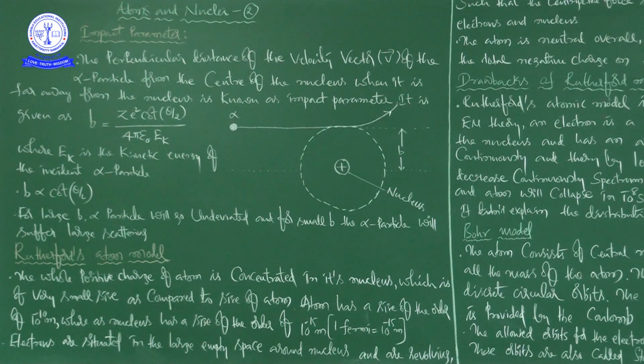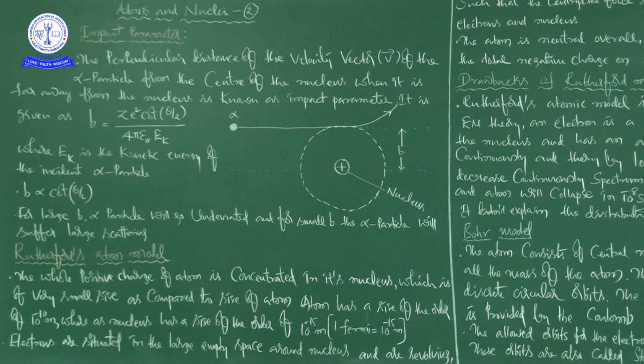Also, most of the mass is concentrated in the nucleus. This information we got from Rutherford's alpha scattering experiment.